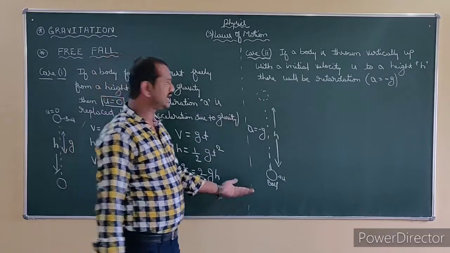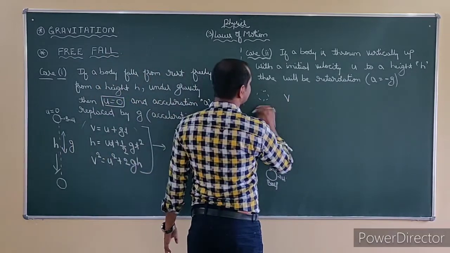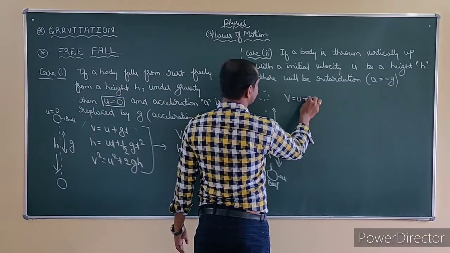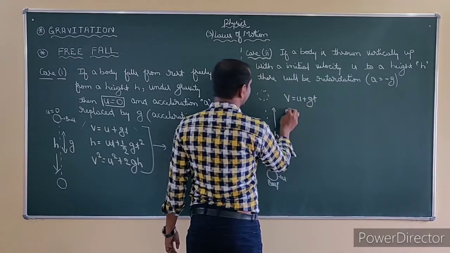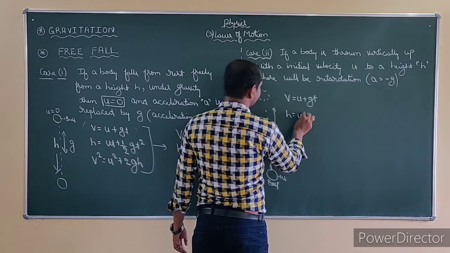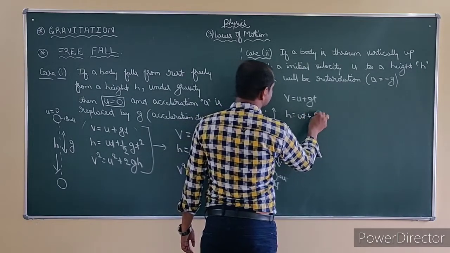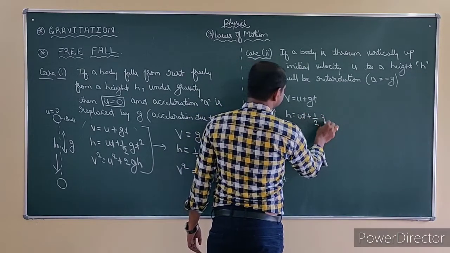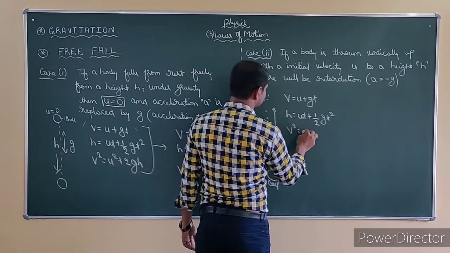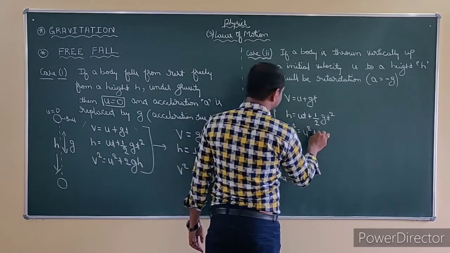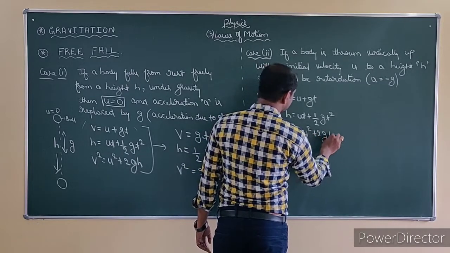Then what happens to these equations of motion? Let us see. What are the equations of motion? v is equal to u plus gt. Then we have h is equal to ut plus half gt square. Then we have v square is equal to u square plus 2gh.